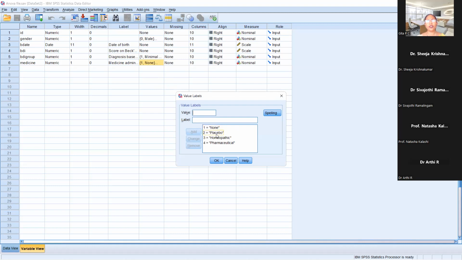Placebo means there is no actual treatment given, but they just give some kind of empty tablet so that they will feel that they are taking something. So that is called a placebo. The third one is homeopathic, and the fourth one is pharmaceutical. So these are the 4 different types of medicines or treatments that are given to different groups of patients.